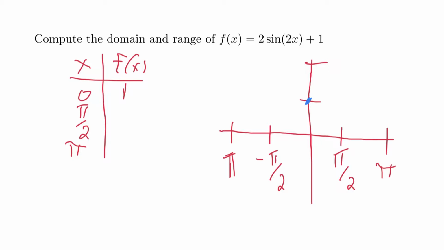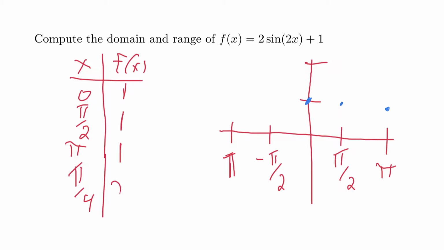At pi over 2, that's 2 times sine of pi, so 0. So I get 1 again, and then here I get 1 again. So the picture is like what? Well, maybe we need a few more points here. Let's do pi over 4.